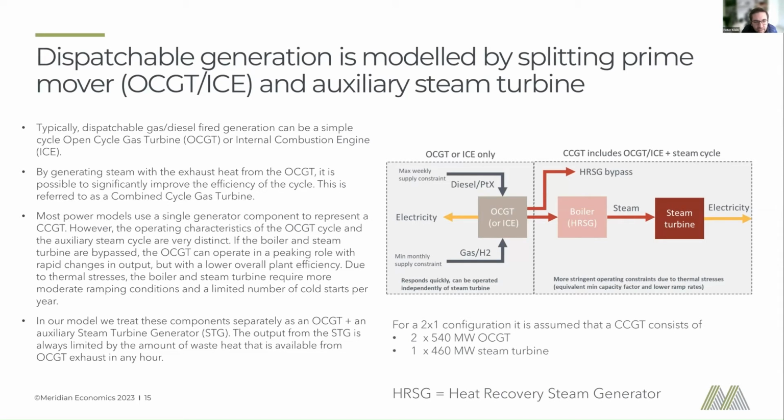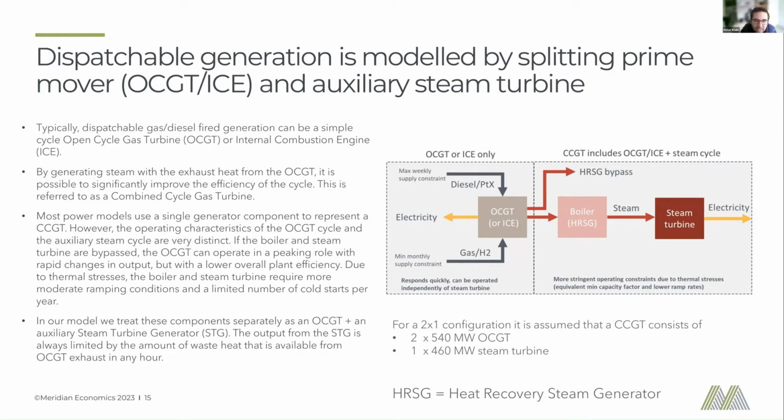A lot of that boils down to the flexibility of the steam bottoming cycle. The heat recovery steam generator and the steam turbine have much more stringent ramping constraints than the OCGT. But when we spoke to project developers, essentially the CCGT is the exact same OCGT that you would purchase as a standalone plant, with this bottoming cycle on it.